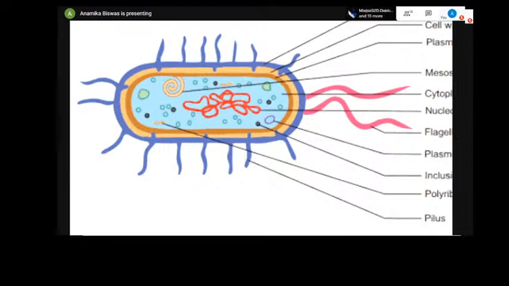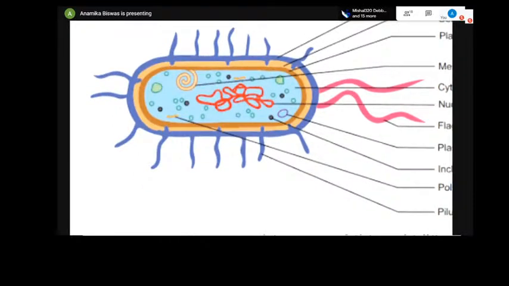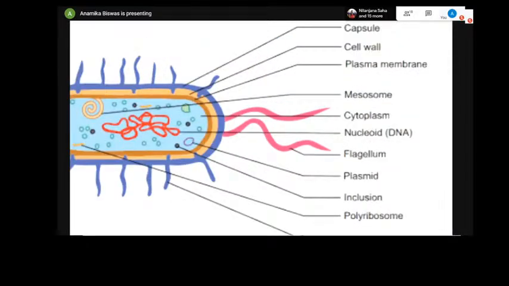Now you can see the next layer, which is orange in color in the picture. The next layer is called cell wall. So cell wall is present in bacteria like plant cell. It is present just below the capsule.